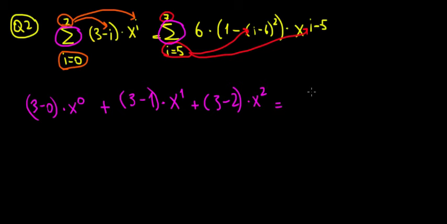Now let's go to the right side. First term will be 6 times 1 minus, what's the first value for i? 5. So we substitute 5 into i. 5 minus 6 squared times x to the power of 5 minus 5. Let's go on.